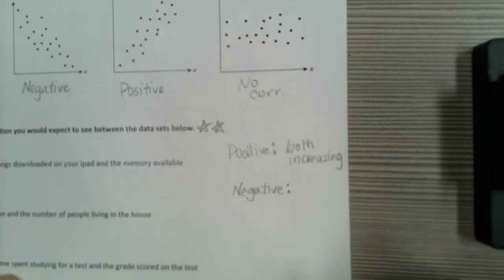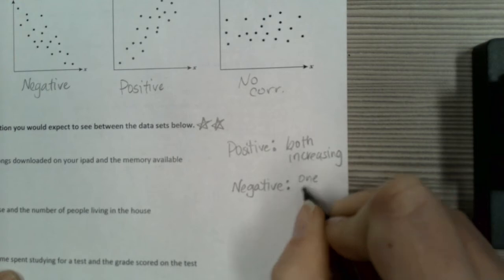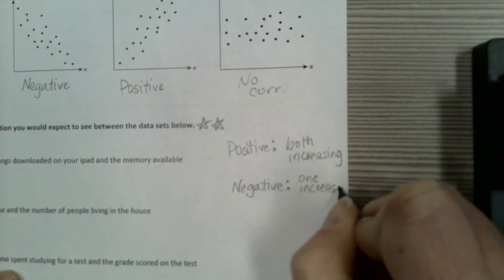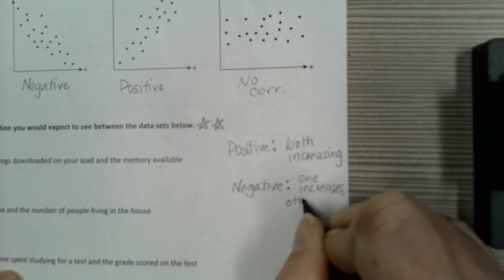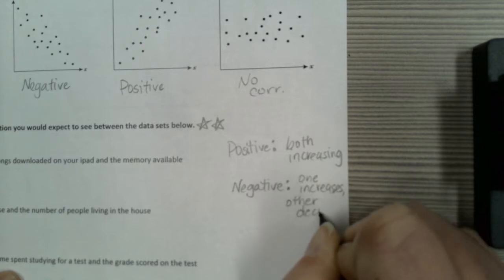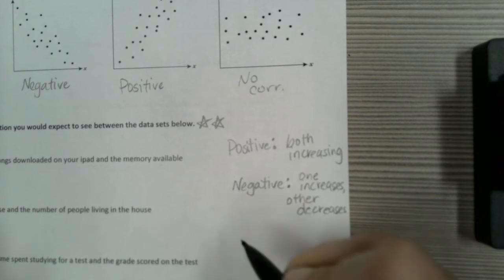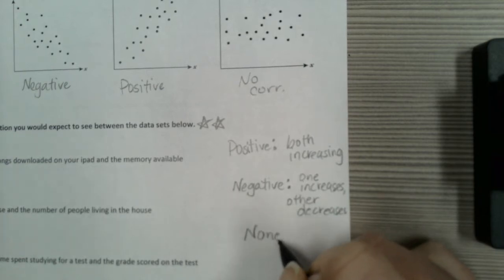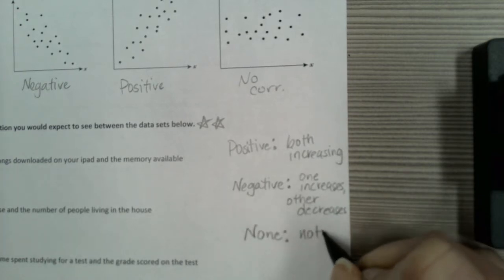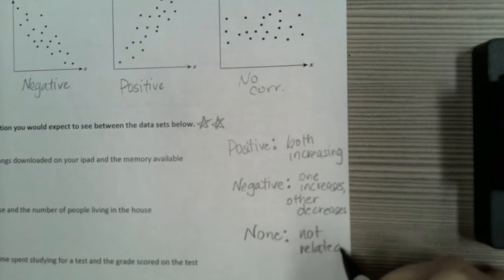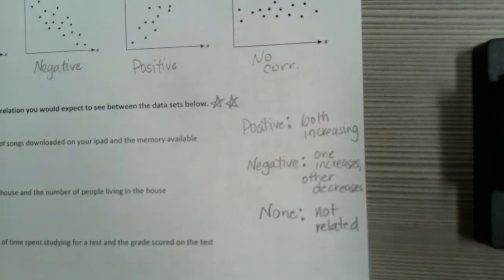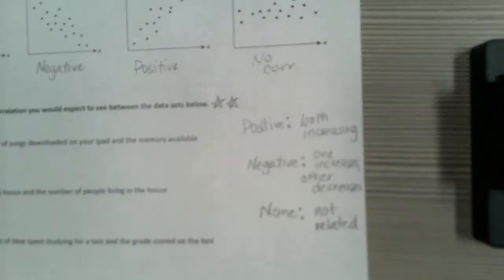Your negative correlation means one increases, and that causes the other to decrease. And then obviously no correlation means these two things are not related at all to each other. Okay, so that's what you're thinking about. That's what you're looking for.